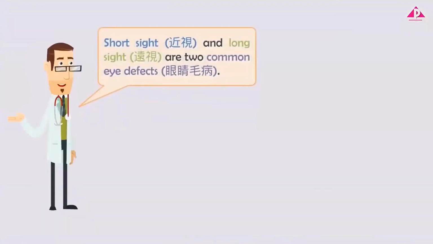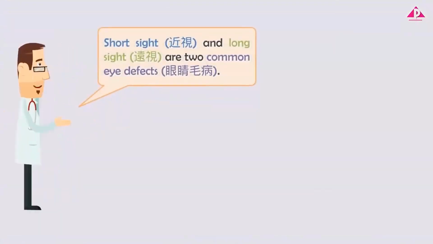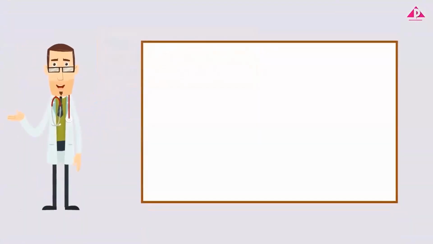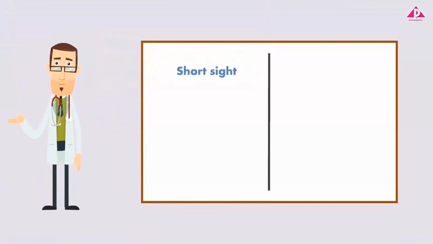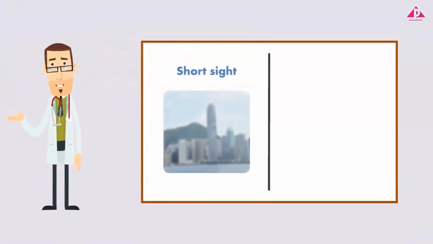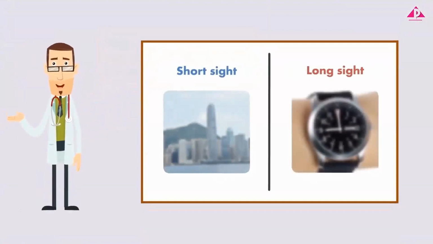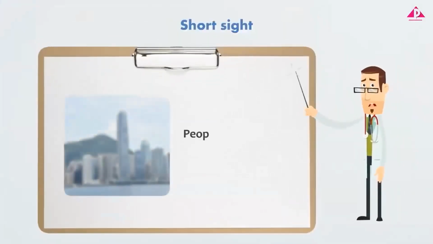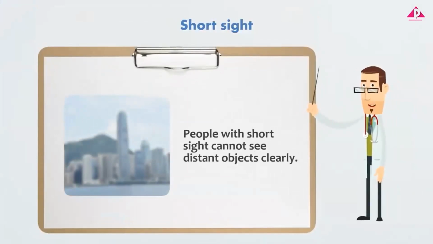Short sight and long sight are two common eye defects. Short sight. People with short sight cannot see distant objects clearly.